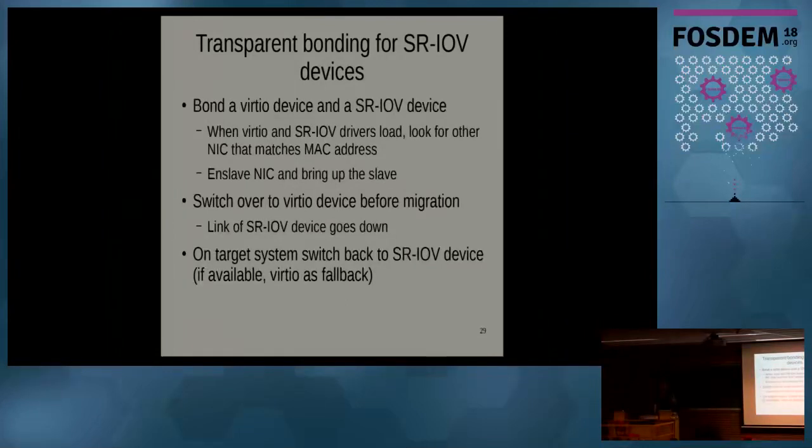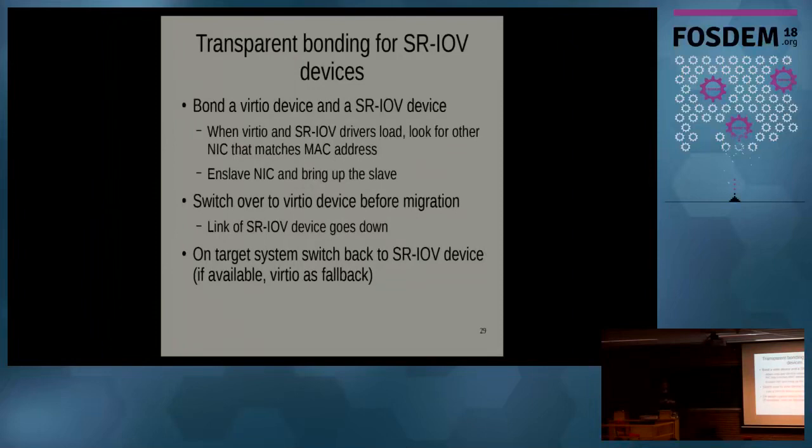Or one sentence. This is just a new idea to do transparent bonding in a guest without complex configuration by the user. The idea is to have a VirtIO device that has a special feature flag. If this feature flag is seen in a guest, then we can look for another SR-IOV device that we can bond with, and then we could always use the fast data path over the SR-IOV device.